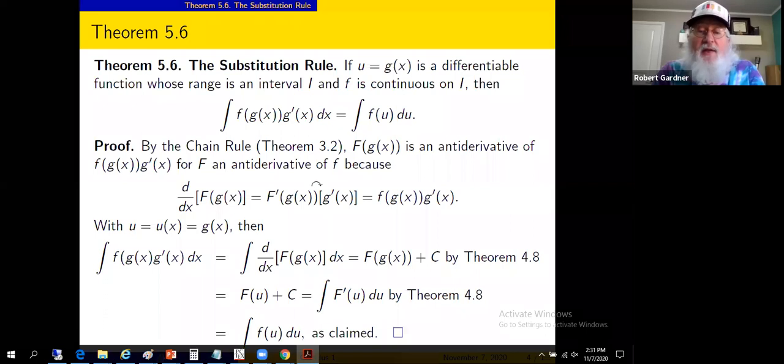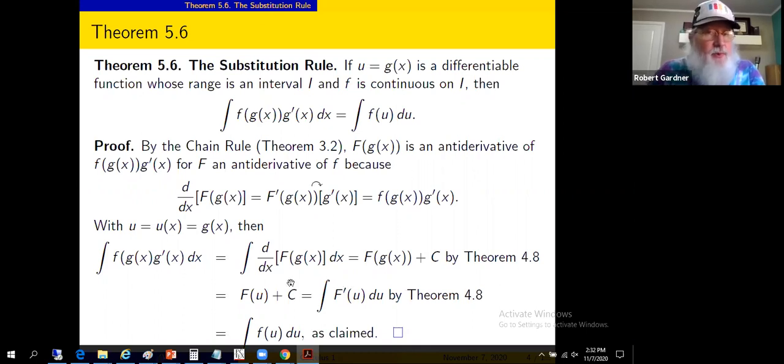How do you evaluate indefinite integrals? You find an antiderivative, any antiderivative, and add an arbitrary constant. Theorem 4.8 says so. Can you find an antiderivative of the derivative of capital F of g of x? Certainly: capital F of g of x. So this is saying differentiate and then anti-differentiate.